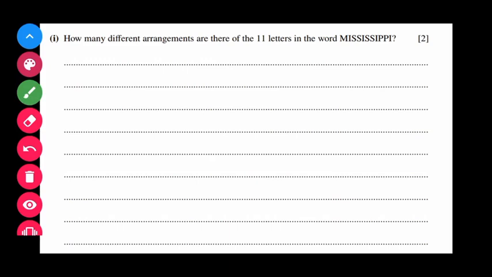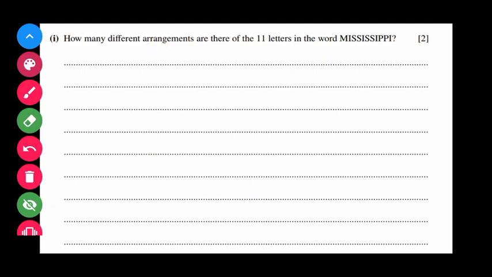Another question. How many different arrangements are there of the 11 letters in the word Mississippi? So in Mississippi, how many letters are there? 11 letters are there. From this you can understand it is permutation.